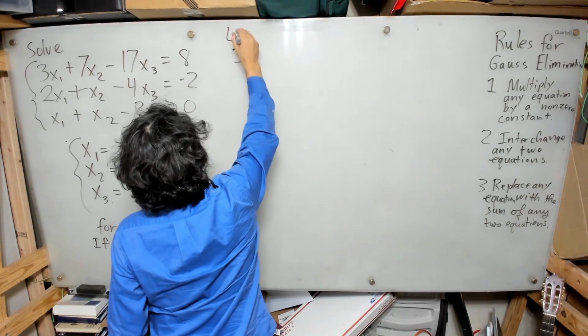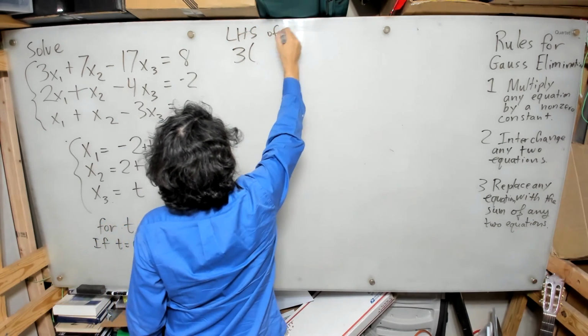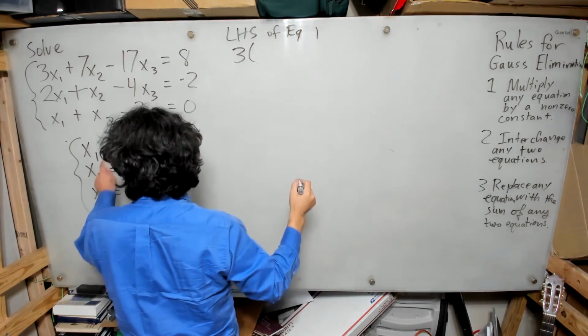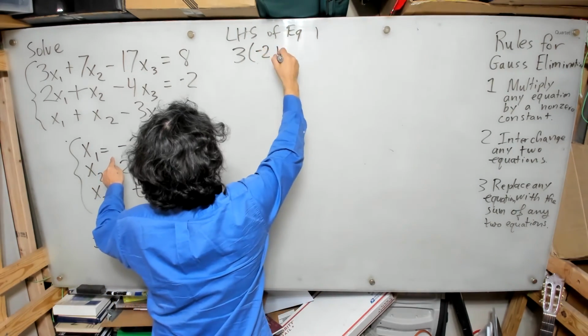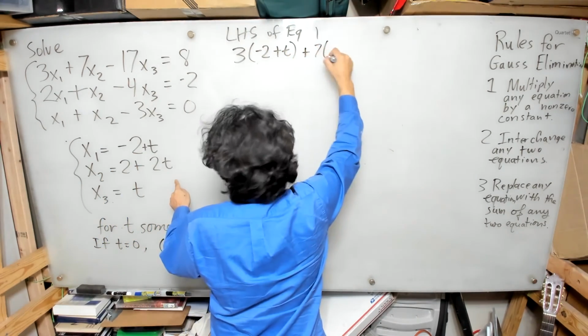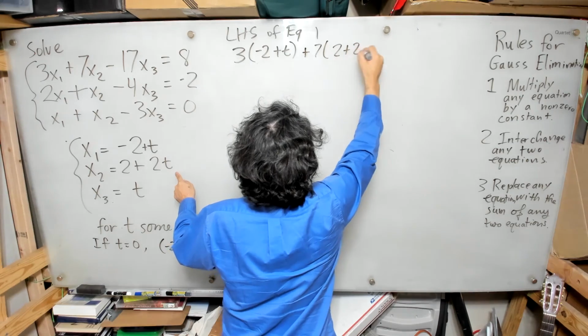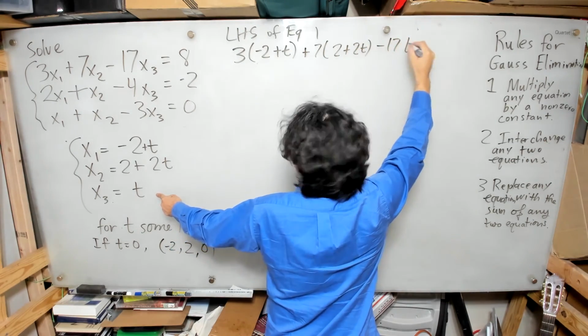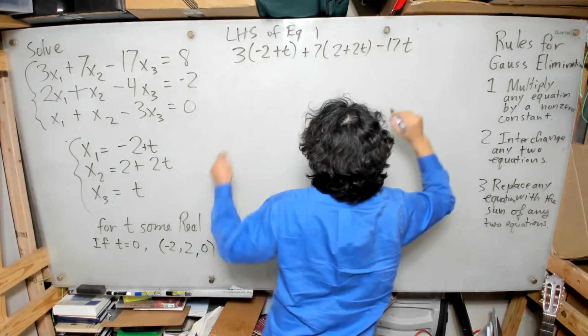So the left-hand side of equation 1: 3 times negative 2 plus t, plus 7 times 2 plus 2t, minus 17t, and I'm going to simplify this.